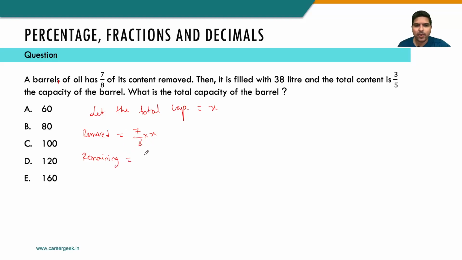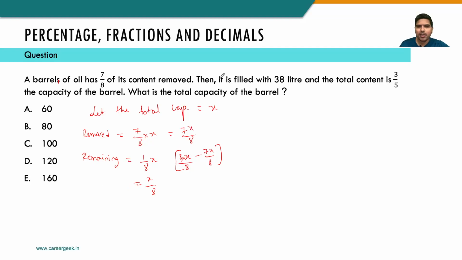Remaining is 1/8 of X. If you're not comfortable, the total is X, out of which 7X by 8 is removed. So you can use the common denominator method, 8X minus 7X upon 8, which is X upon 8. You'll get the same thing.